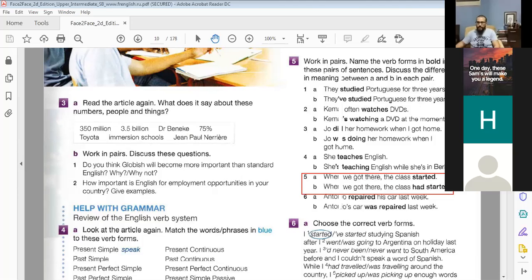I think the class started before we reached the school or the center. Is this A or B? No, I'm talking about A. What about B? When we got there, the class had started.